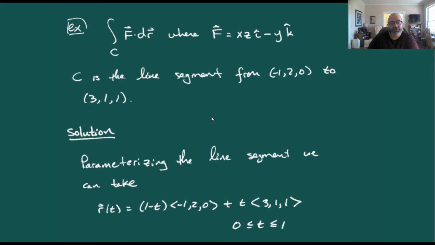The first thing we need to do is come up with a parameterization for this curve. Since we're just parameterizing a straight line, we can use this quick and dirty parameterization: 1 minus t times where we want to end, plus t times the vector where we want to begin, with t going from 0 to 1.